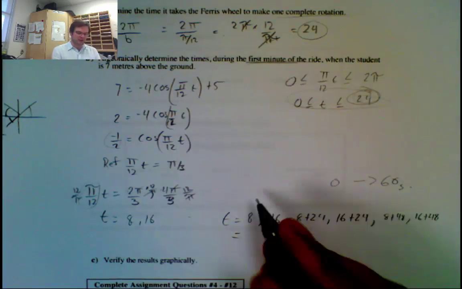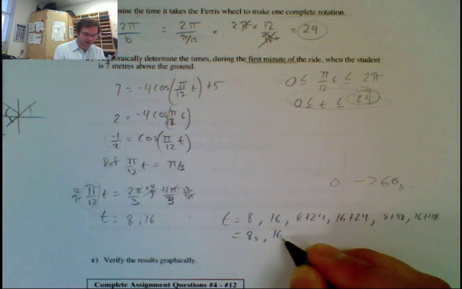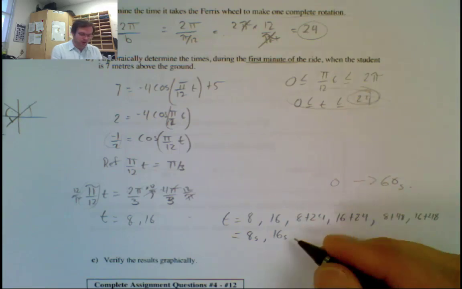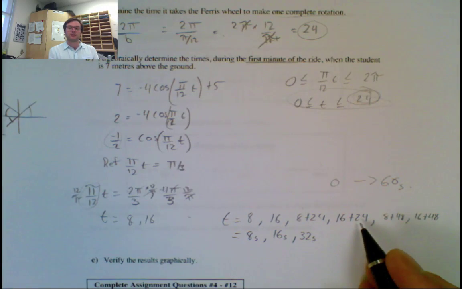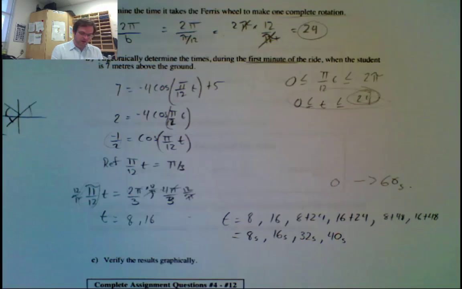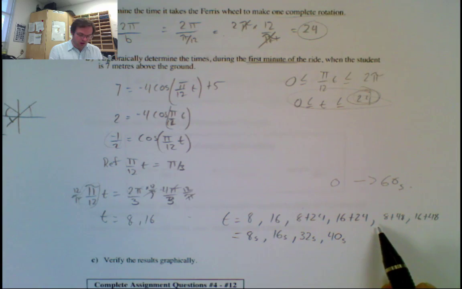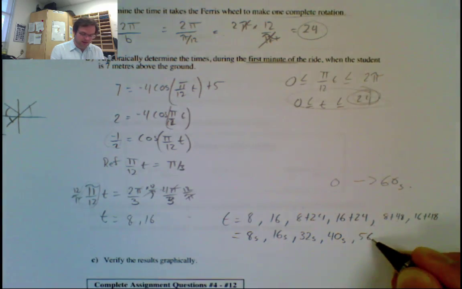So if we continue, 8 seconds is one answer, 16 seconds, and that's 32 seconds. Then putting these together gives me 40 seconds. And 8 plus 48 gives me 56 seconds.